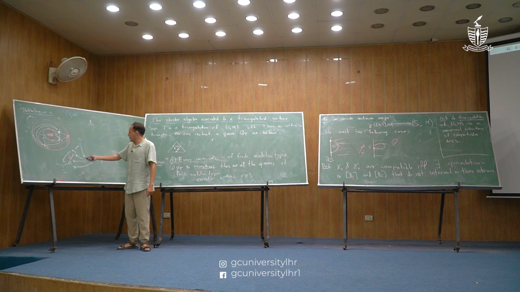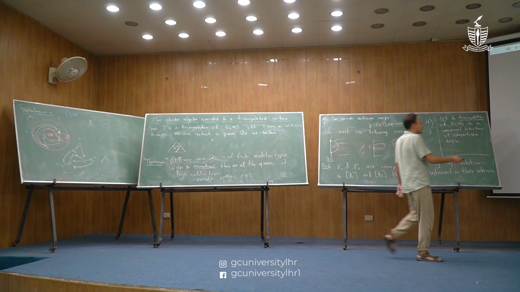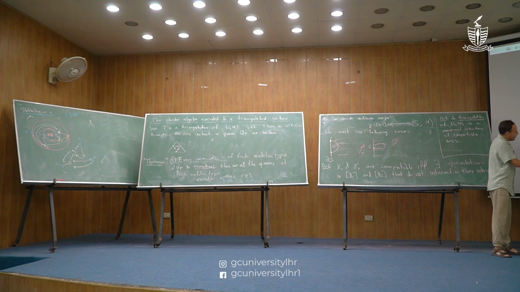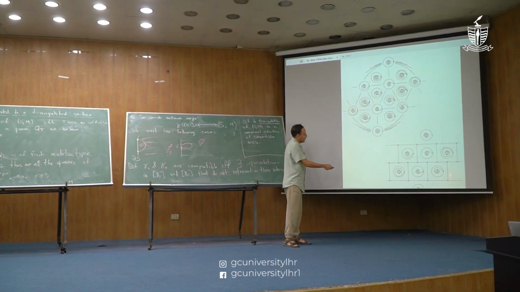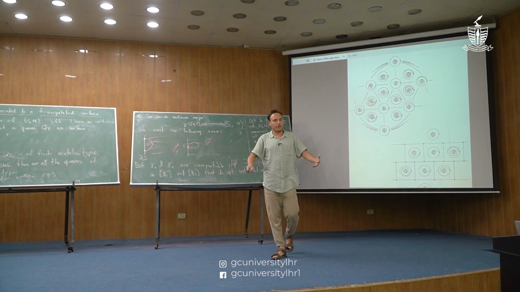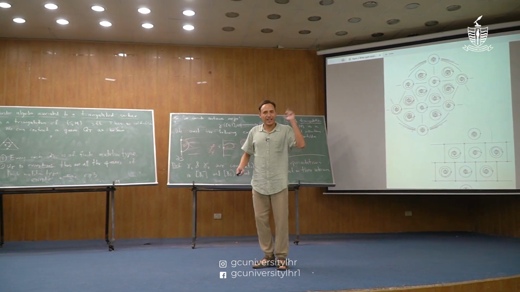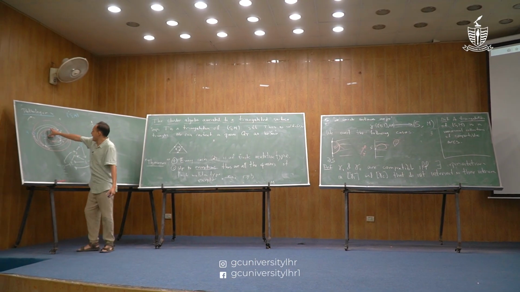So all the mutations of this quiver would appear in the vertices of this graph. So you will see an infinite collection of quivers. But the quiver itself is independent.